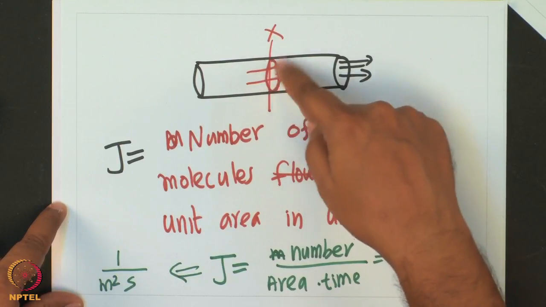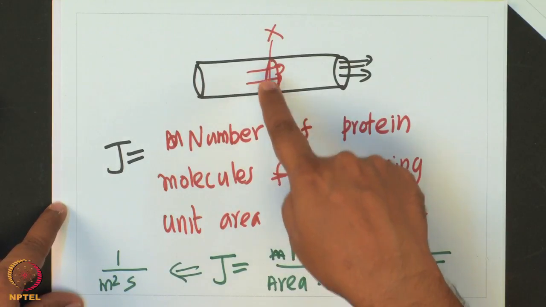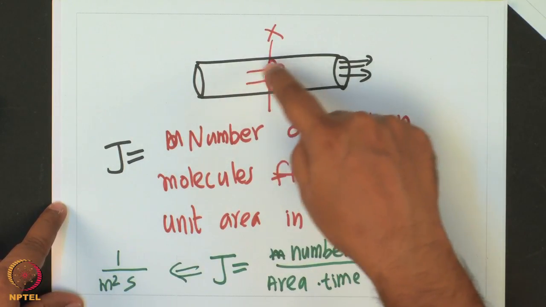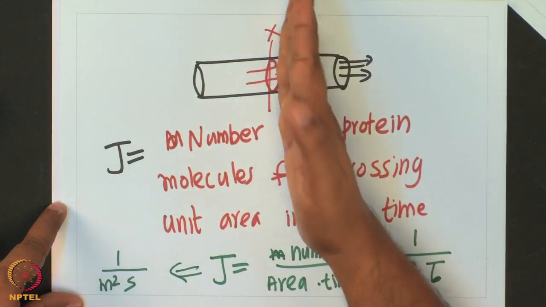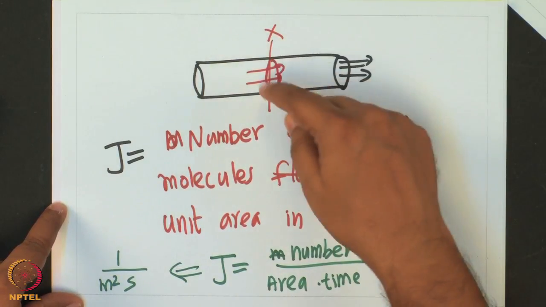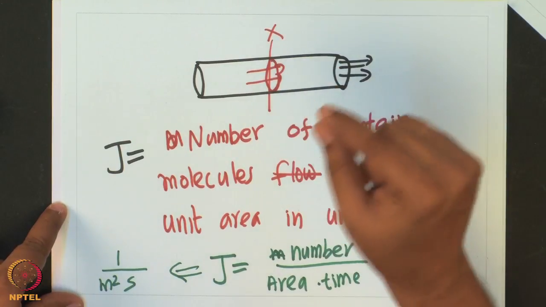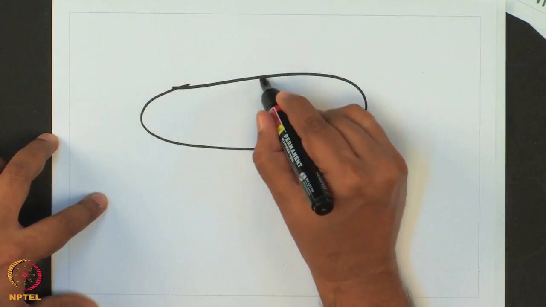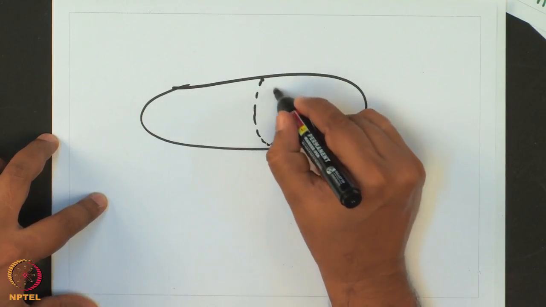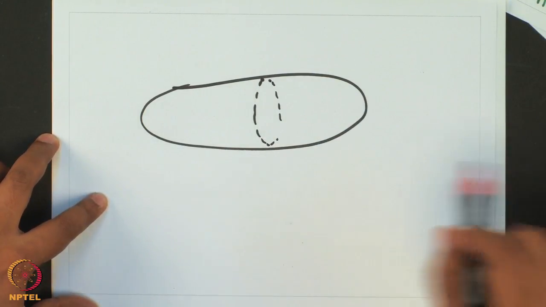So if I take this area as a micrometer square, and if there are 1000 molecules or 100 molecules crossing this cell cross section of a micrometer square area in 1 second, let us calculate the J. So if I have a bacterial cell, a typical cell, say a cylindrical cell, and I take a cross section here, it will have a typical dimension of micrometers.